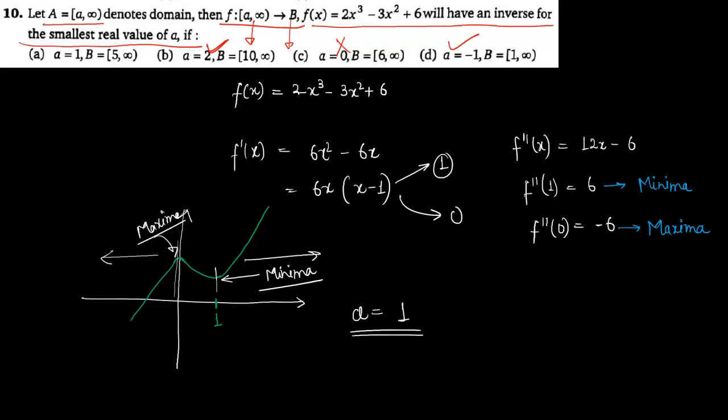A equal to minus 1 will also be ignored here. So A equal to 2 and A equal to 1 can be chosen according to this question. But in this question we have been asked for the smallest real value. So the smallest real value will be 1.